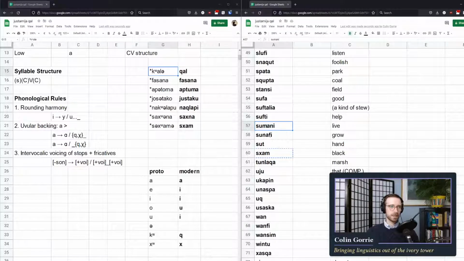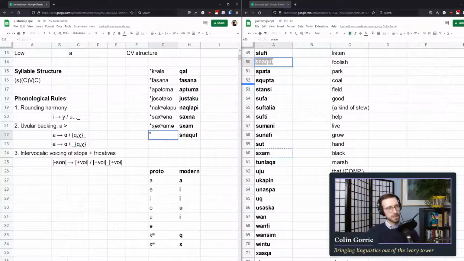So let's look at sunav. Let's look at snakut. Snakut means foolish. So how does this get reconstructed to naquota? And maybe we have this, which is a prefix that means, do we have anything else that we could use for this?